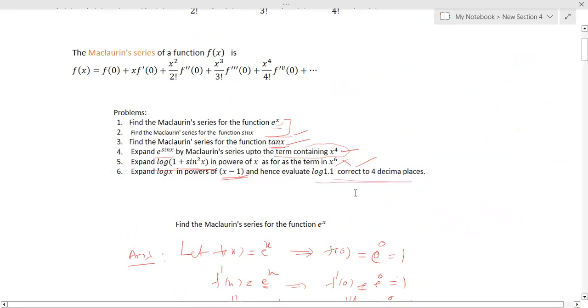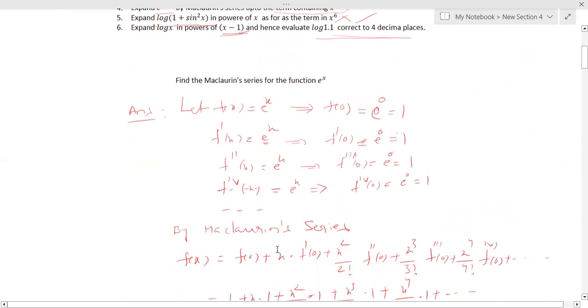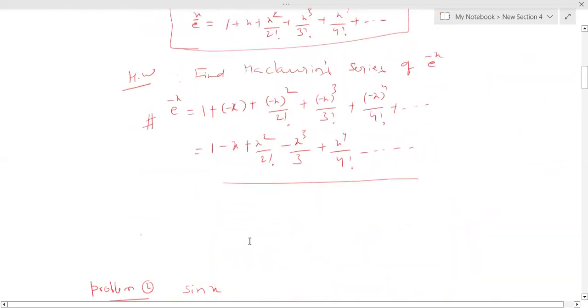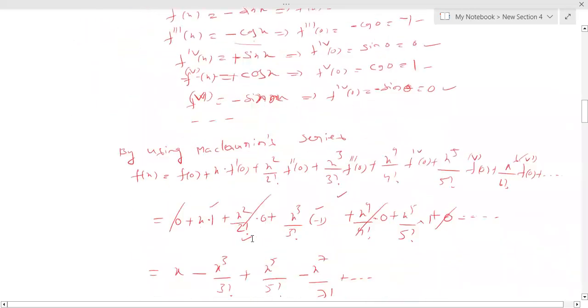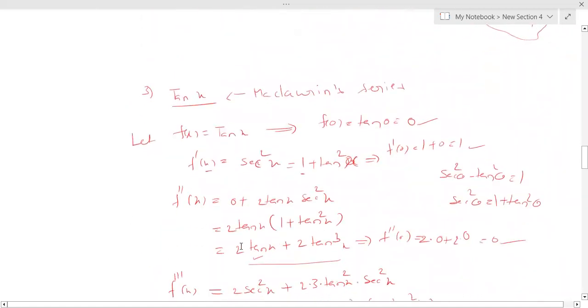This problem is very important, but it is based on the Taylor series, not the Maclaurin series. We will see this problem: log x, not log of 1 plus x. Log x problem.